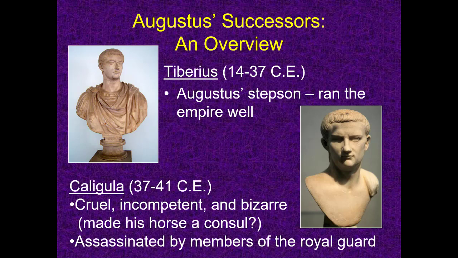And that's something the royal guard is going to be doing for hundreds of years. They are basically the protectors of the emperor. But if the emperor becomes bad for the empire, then the royal guard will revert to becoming the protectors of Rome as opposed to the emperor alone.